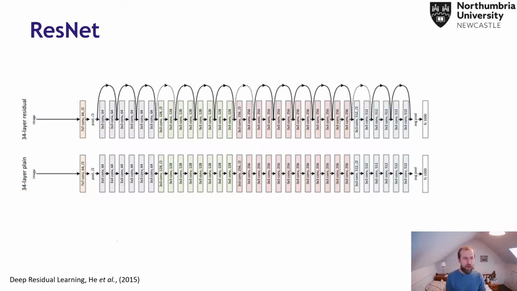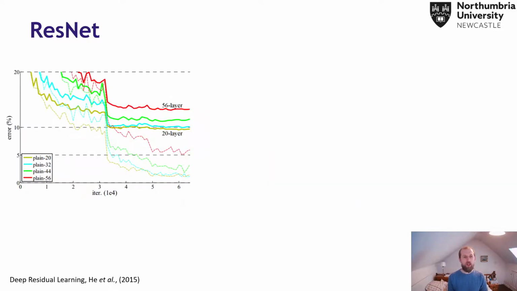For a 34 layer ResNet, this is what this looks like, and the difference from a simple 34 layer network, they're just showing that these are exactly the same except for these skip connections. So this is the only thing that changes. And you can see when they test the error, so the thick lines here are going to be the test errors and the thin lines are training errors.